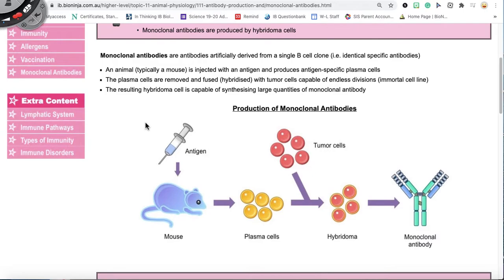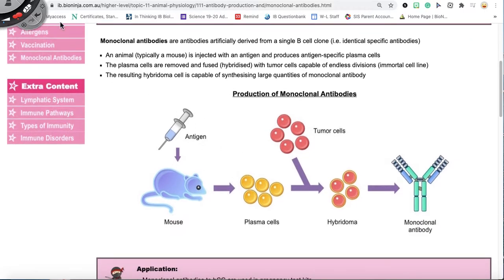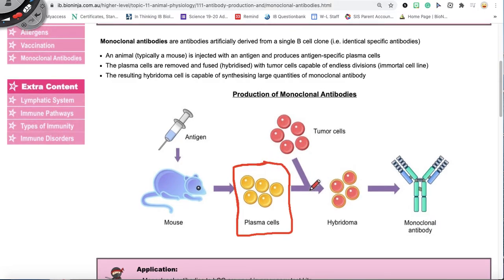So for COVID-19, for example, they're not using mice plasma cells. What they're doing is they're trying to retrieve, and this is relatively new science within the last 10 years, the plasma cells from people who've already been exposed to COVID-19 and whose plasma cells were derived from the antigenic immunity from COVID-19, right?